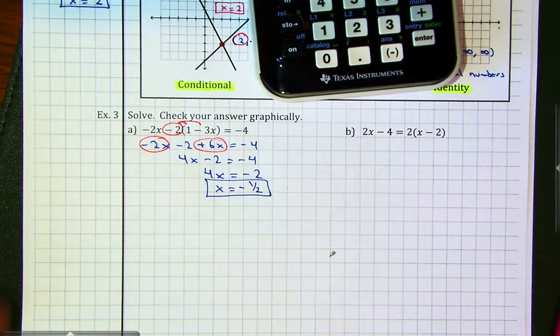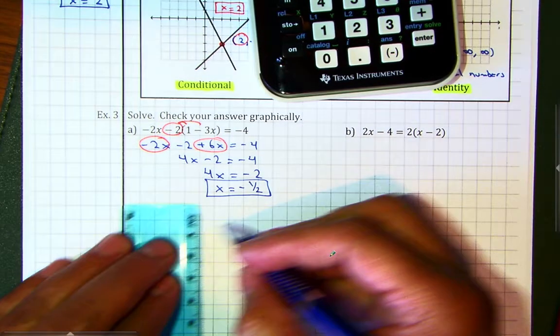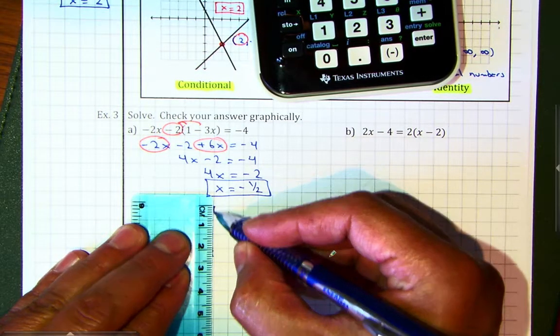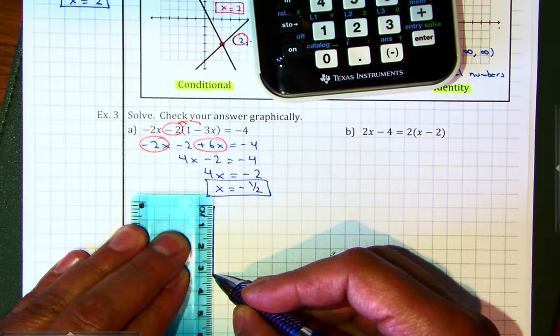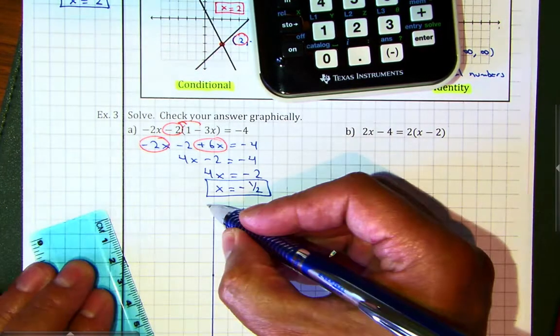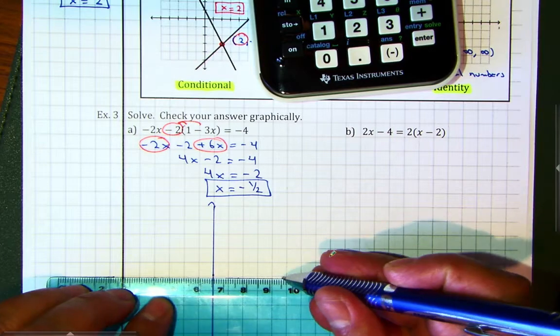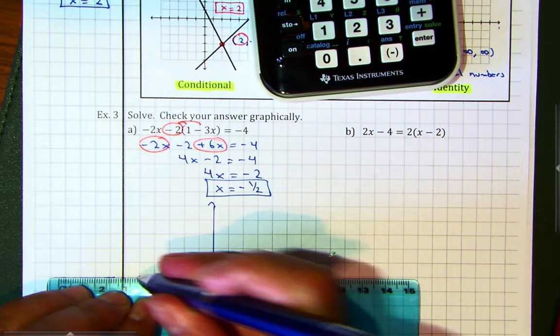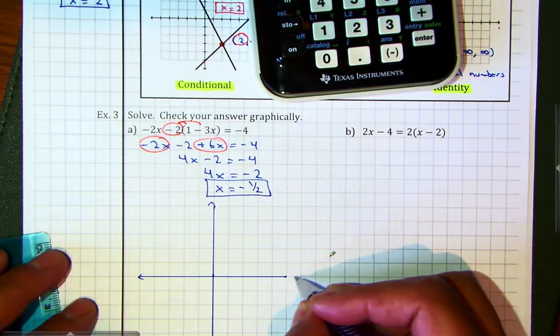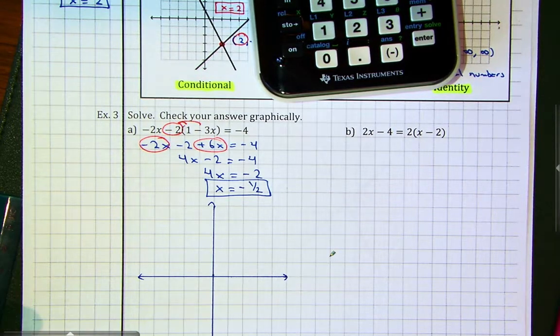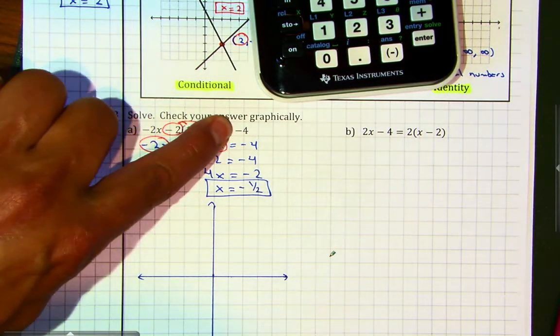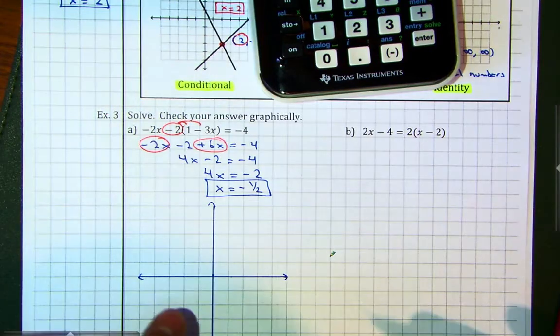So I'll make a 5x5 graph. And I can graph y equals negative 4.